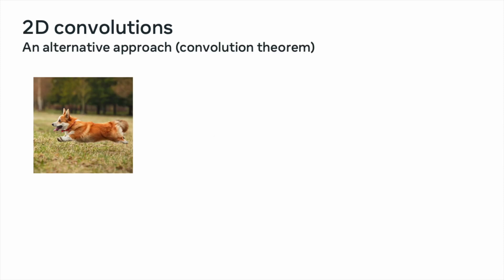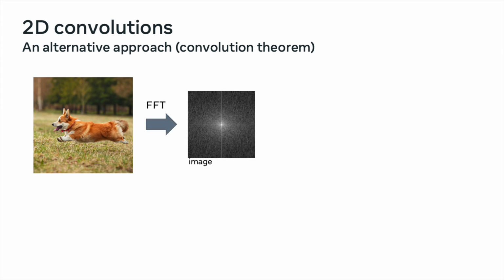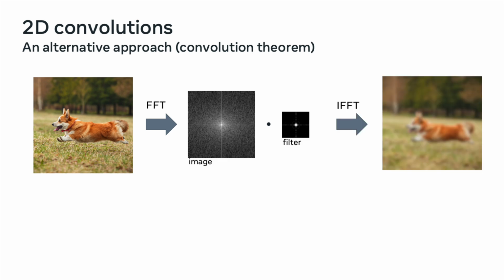So going back to our 2D example with images, there's an alternative approach which uses the convolution theorem. And what this states is that you can take the image and perform a fast Fourier transform to transform that image into Fourier space. You can then just do a pointwise product with a filter, which is also in the Fourier space, then perform an inverse Fourier transform to transform that image back into the spatial domain.